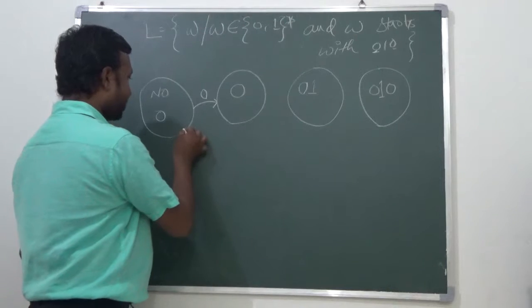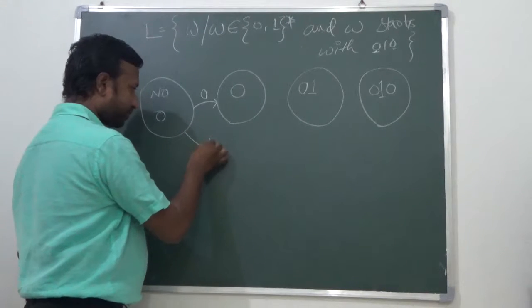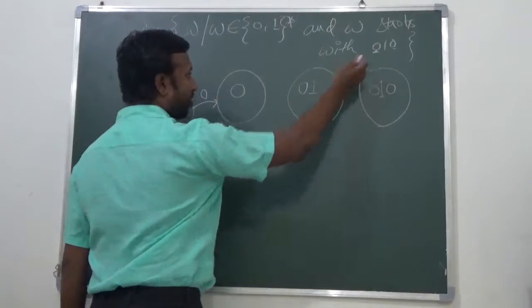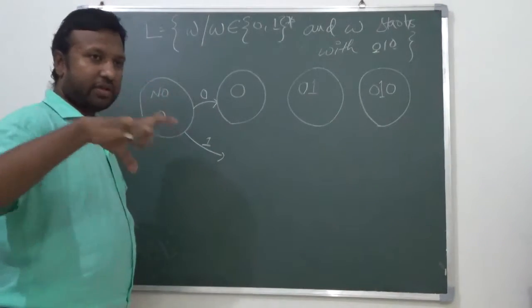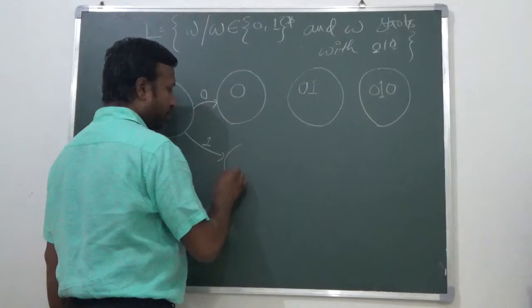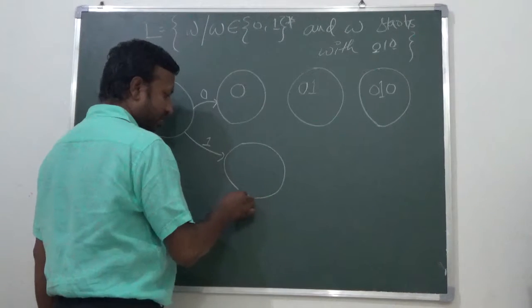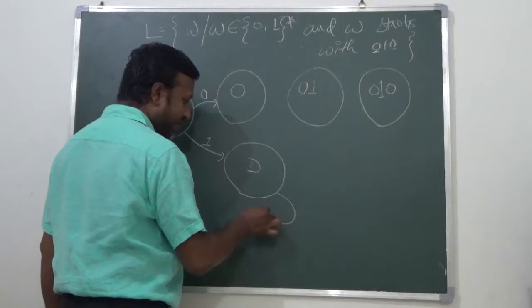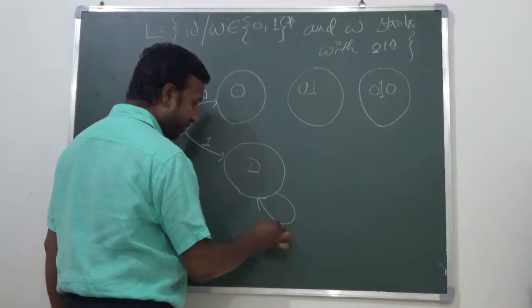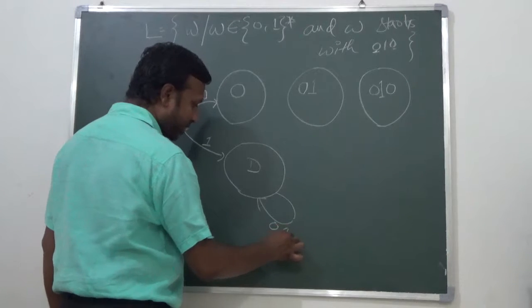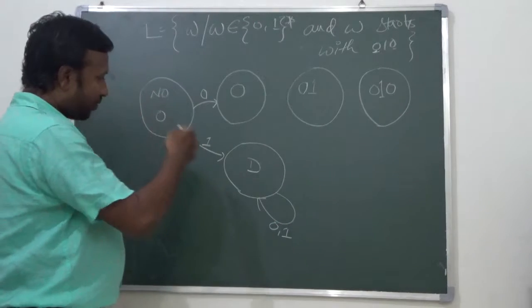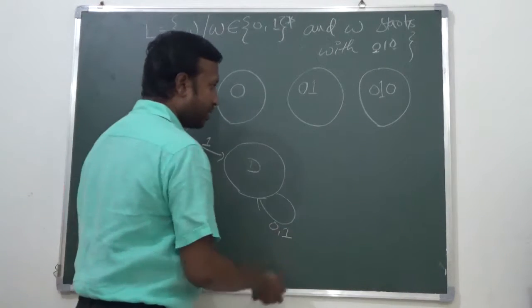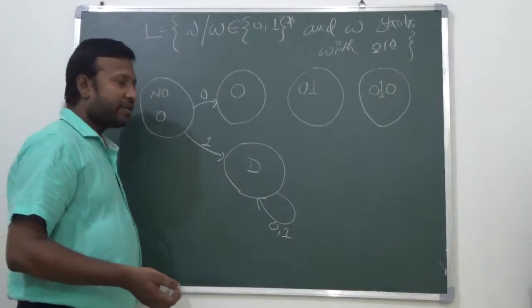But if I see a 1, and the 1 is not permitted to be the first symbol in the string, so I go to the dead state. This is sometimes called the dead state, and you cannot come out of the dead state. So after getting a 1 as the first symbol, whatever you have seen is not permitted, right?